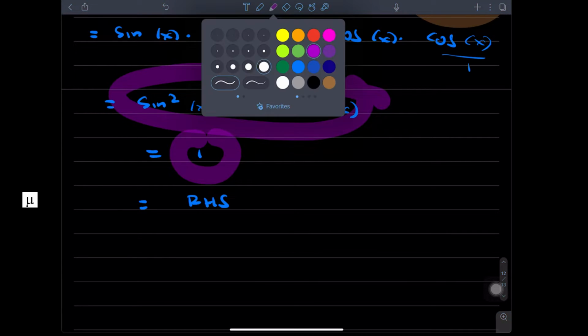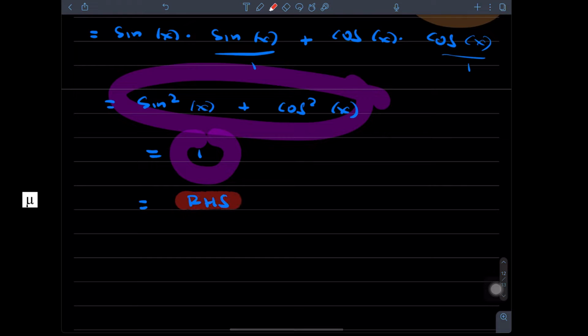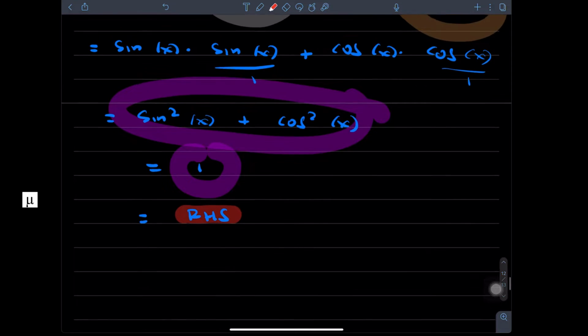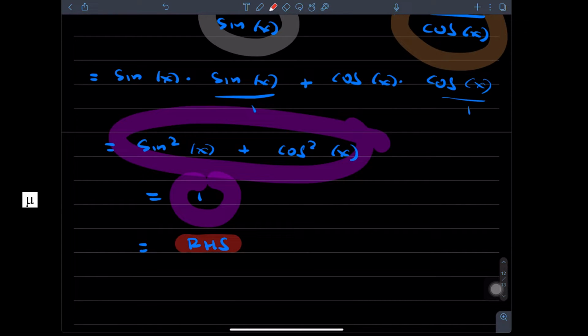That's the right-hand side, ladies and gentlemen. All right, you guys okay with that?